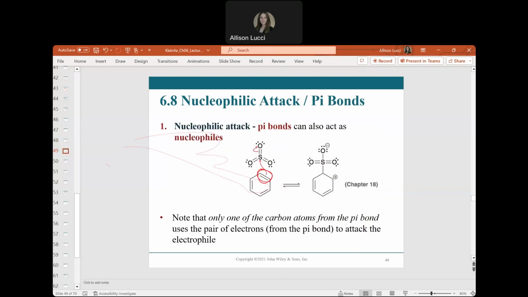The sulfur is the site of the nucleophilic attack. It's considered our electrophile, and this would be our result, right? After this nucleophilic attack. So the pi bond itself is the site of high electron density and therefore the nucleophile.